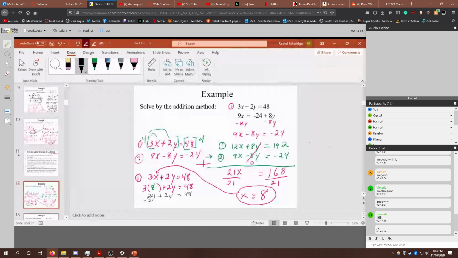So now I'm just going to solve for y. So divide by 2 and you get y equals 12. So the solution for this one is the ordered pair (8, 12). That's going to be their intersection point.